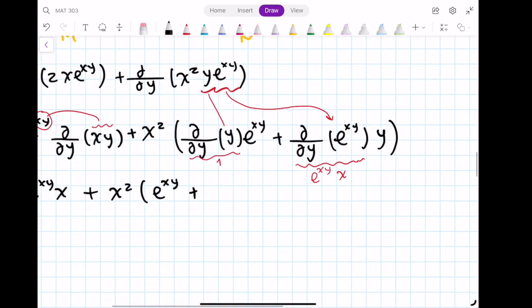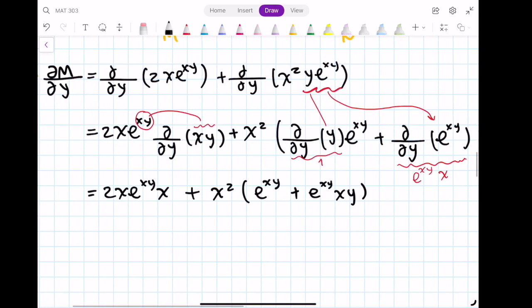So plus e to the y times x, and then the x on the side, and we cannot forget the y that goes at the end, right?